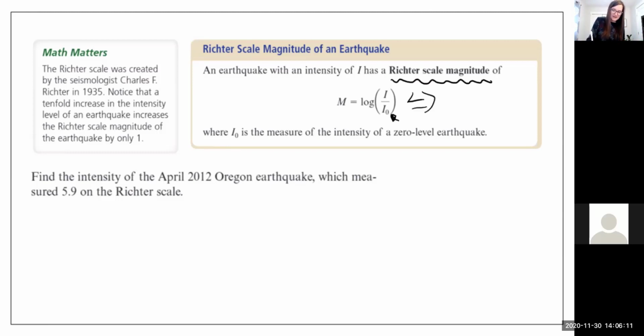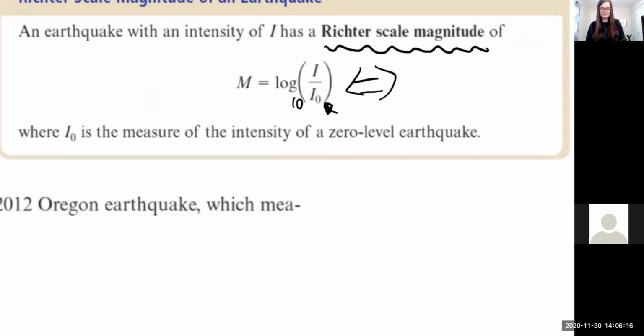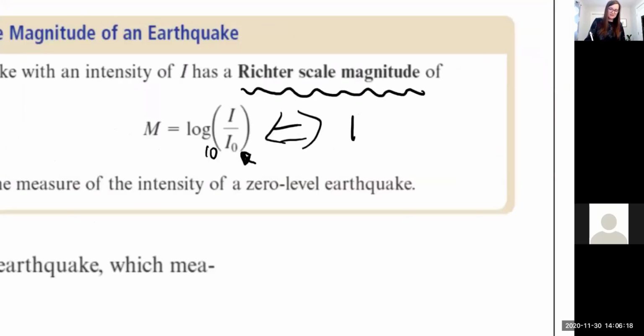So we rewrite that as its exponential form. Log is base 10. So 10 to the power of m, which is the magnitude of the earthquake, is equal to this intensity ratio. So when you hear that it's a 5.9 or a 3.2 or an 8.9, that is the exponent on 10 that represents how many times more intense this earthquake was than the regular baseline level, 0 level.